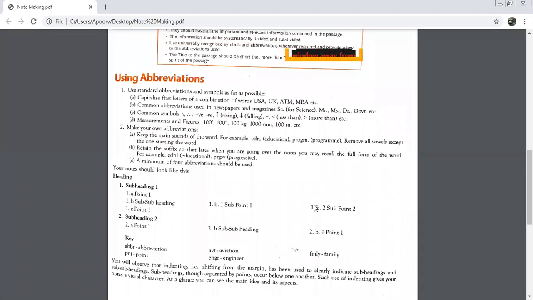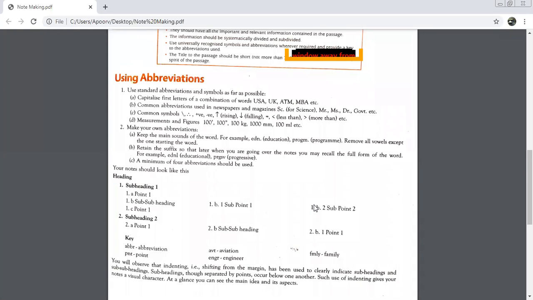Then how would you write? 1.A.1, subpoint 1, 1.A.2, 1.A.3, subpoint. Yes. And remember, beta, summary has to be 50 words, not 80 words.